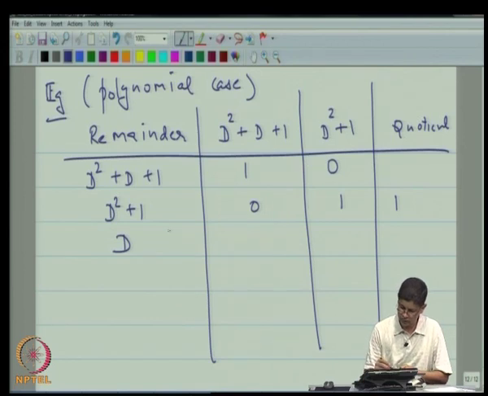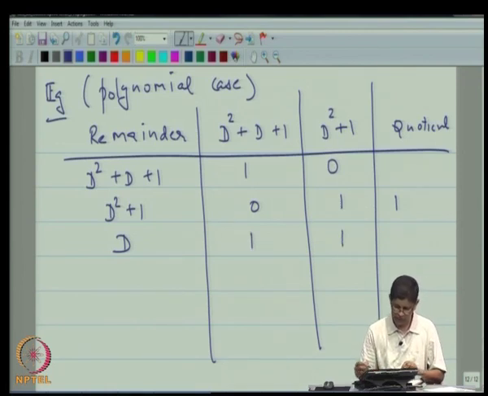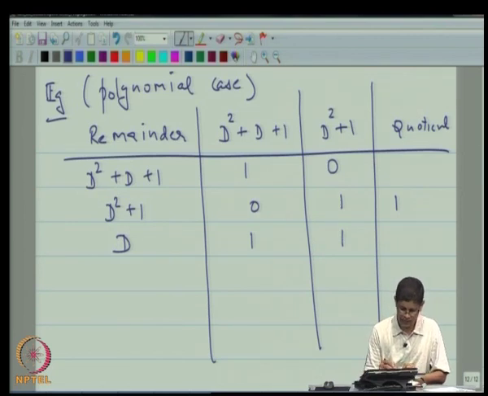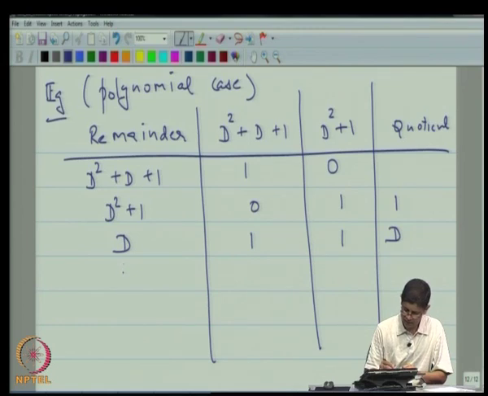And now, the way we obtained this is we multiplied this row by 1 and subtracted from this. So, we do the same thing for the remaining entries in the same row. So, here it is 1 minus 0 times 1, that is 1, 0 minus 1 times 1, that is 1. The next step is to actually divide d squared plus 1 by d. So, the quotient is d, the remainder is 1.